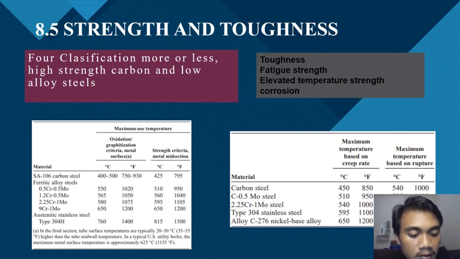The rupture strength of the carbon-manganese steel at 1000 degrees Fahrenheit is on the order of 150 MPa, which is about 20 ksi, which is near their yield strength at 540 degrees Celsius, which in Fahrenheit is 1000 degrees.